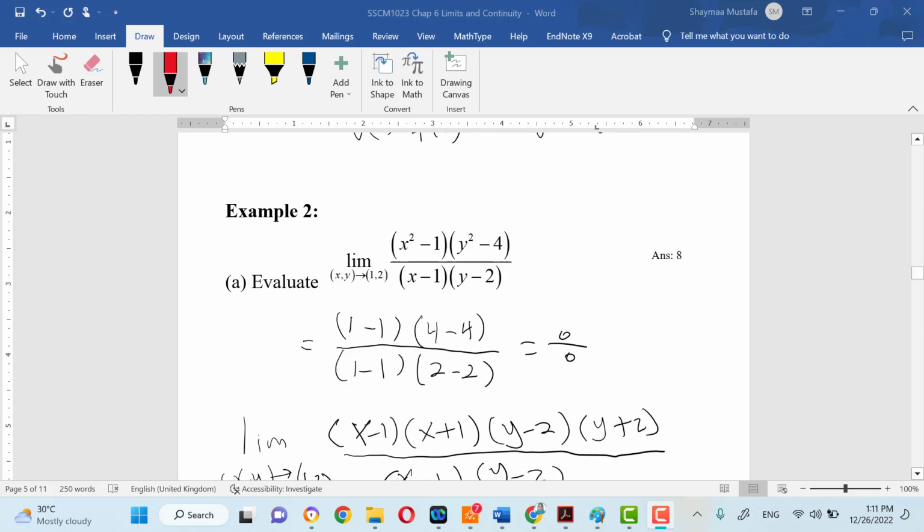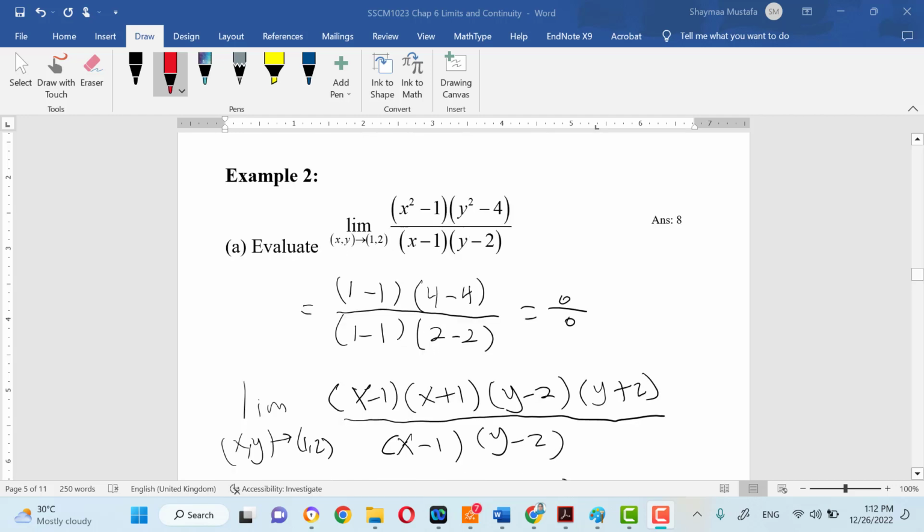This is a difference between two squares, which is equal to (x − 1) multiplied by (x + 1). And y² − 4 can also be factored, equal to (y − 2) multiplied by (y + 2), because this is also a difference of two squares.